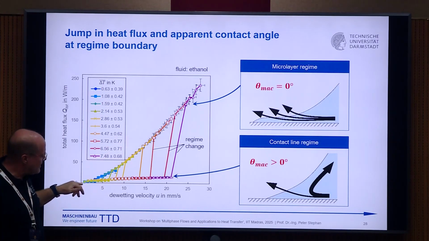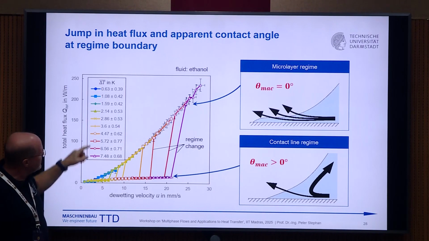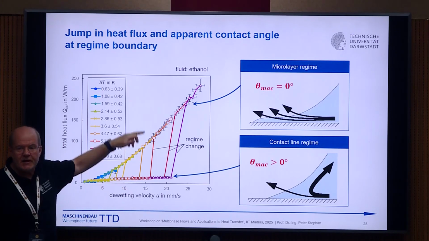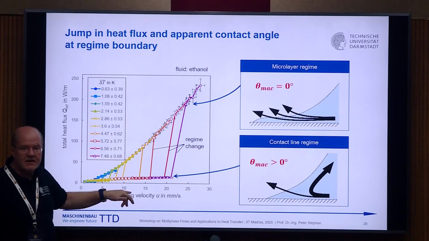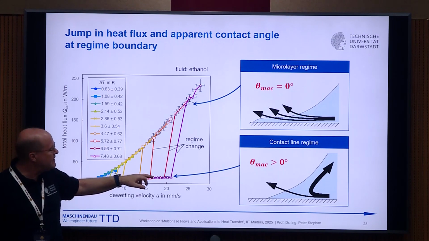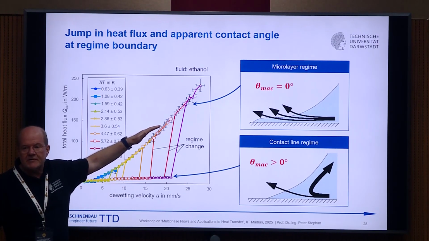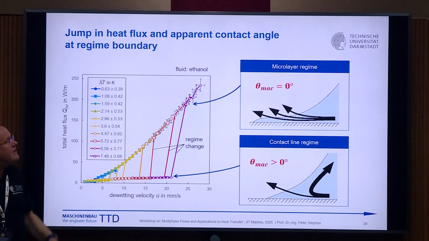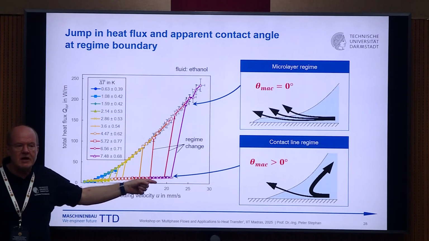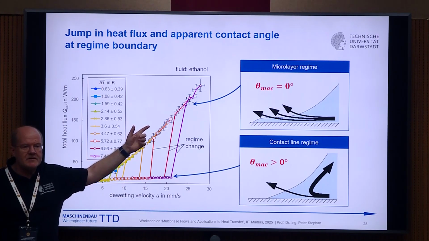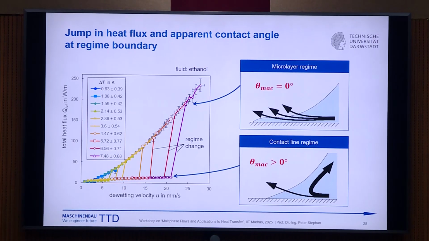So if you start increasing the dewetting velocity with a certain wall temperature, you go up here, and then suddenly you jump. If you further increase the velocity, the capillary number, you jump from the contact line evaporation regime to the microlayer regime. Then you get a much higher heat flux. So it's like a jump when you increase the velocity. Suddenly microlayers form.